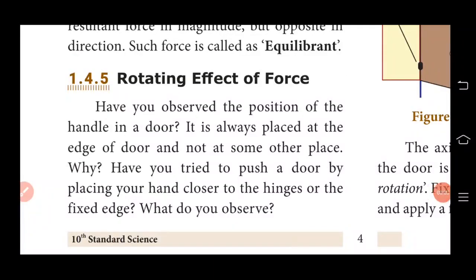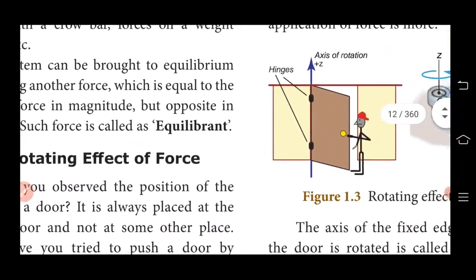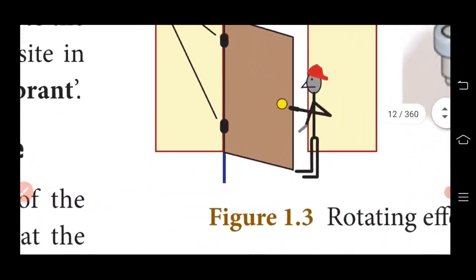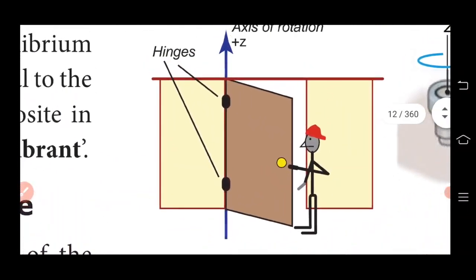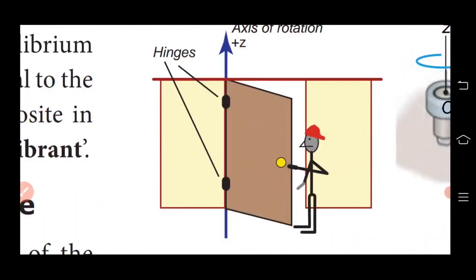Students, our today's topic is the rotating effect of force. Have you observed the position of the handle in a door? It is always placed at the edge of the door and not at some other place. You can notice in this diagram the yellow circle is a handle.